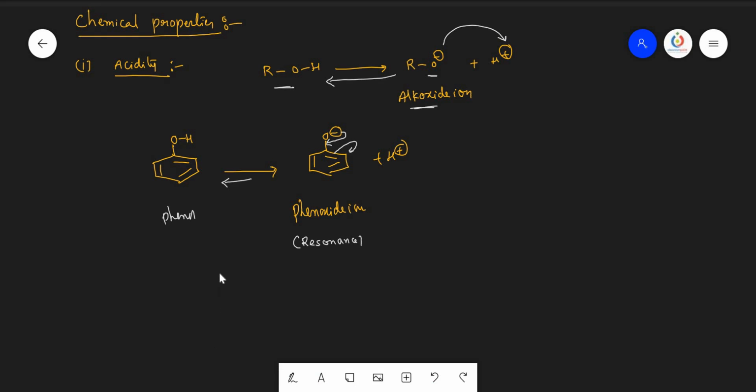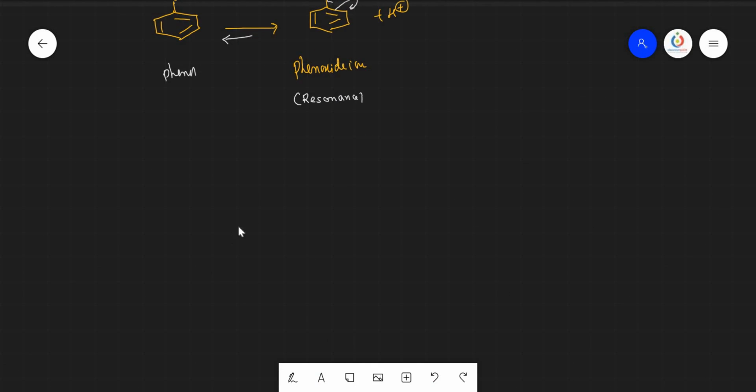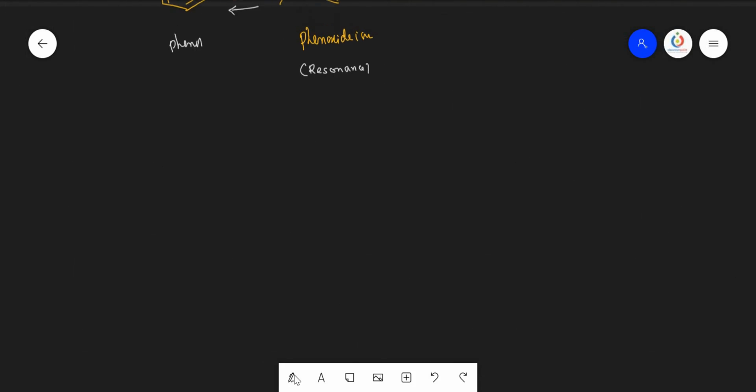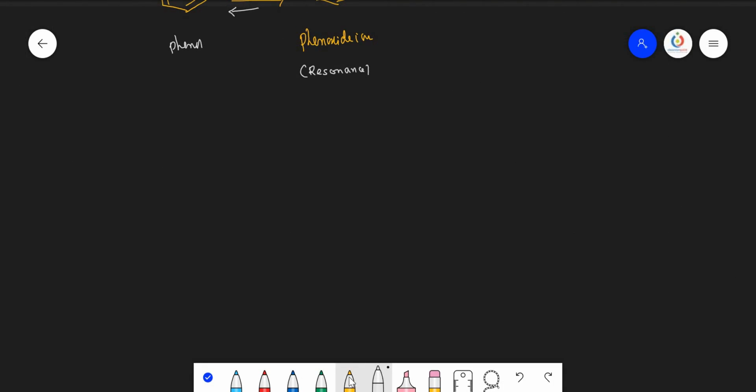I'll explain here two reasons why phenoxide ion is more stable than the phenol. That's why phenol is an acid. I shall explain both the conditions so that you should not get the doubt later. See here, initially we take the phenoxide ion. So in this phenoxide ion, the negative charge participates in the resonance, delocalization.